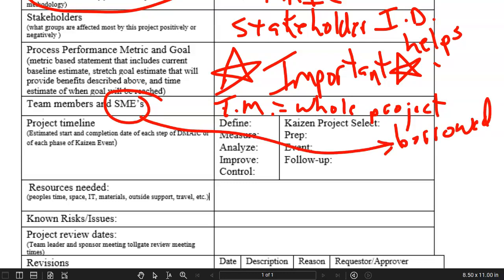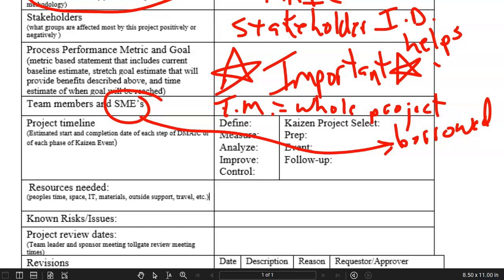I like to point them out in the project charter because if they are borrowed, I like to specify when I think I'm going to need to borrow them. Like for example, in the measure phase of a DMAIC project, that's the phase that we do a lot of data collection and data analysis, and sometimes we need access to data systems. So we're frequently calling on IT or our business intelligence group or data scientists to help us with that data.